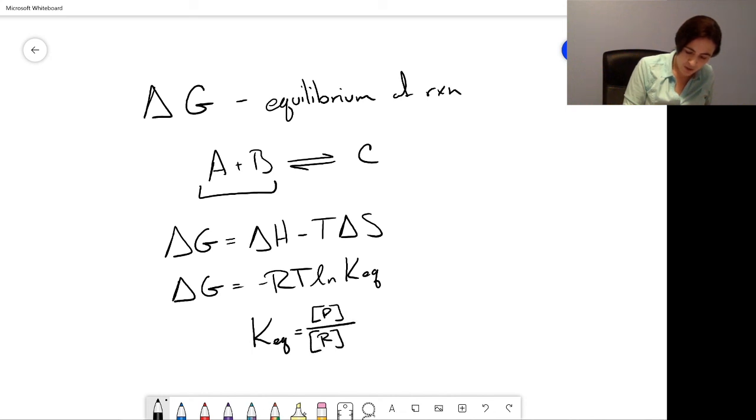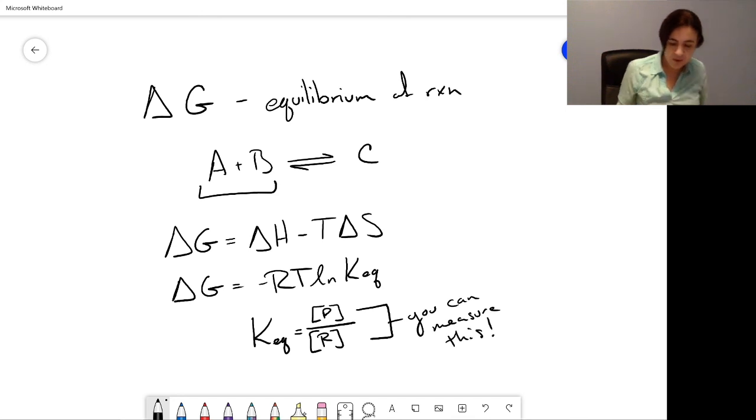So here, you can measure your concentrations and from that get energies for your reaction, which allows you to develop trends. It allows you to make predictive models for new reactions. All right, so that's the power of Gibbs free energies.